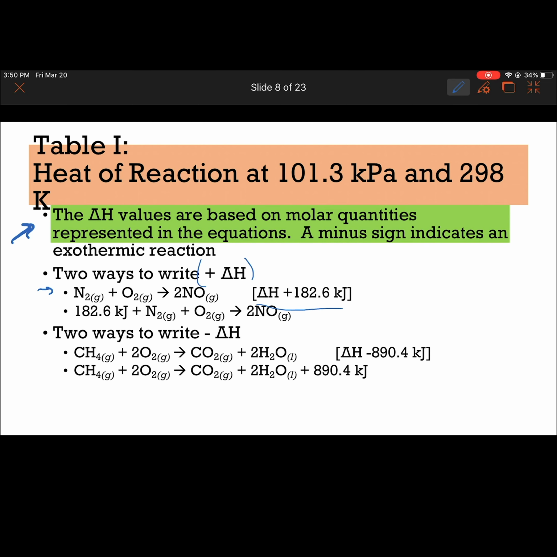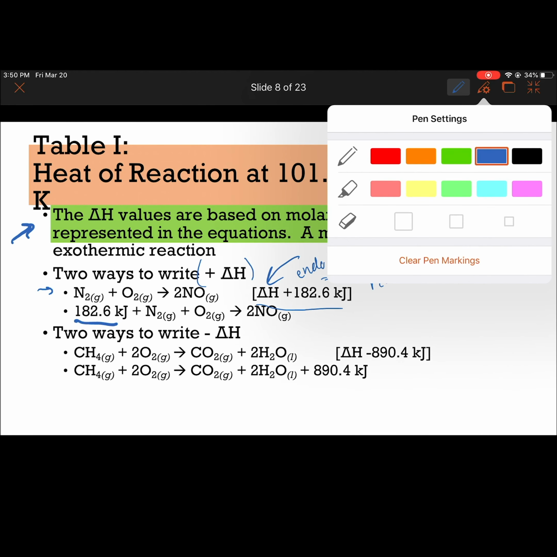But again, you can put that into your equation and make your equation look fancy and complicated. So again, this delta H being positive means it's endothermic, which means energy is being absorbed, which means it is going to be written as a reactant. So here, now you're just attaching that 182.6 as one of your reactants, so one of those things before the arrow.